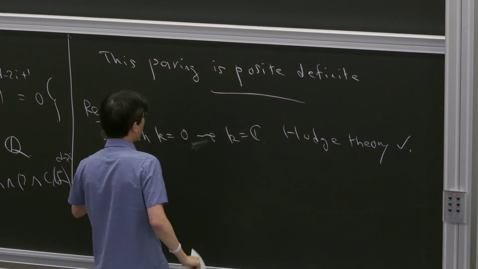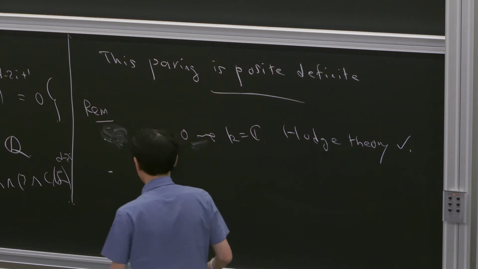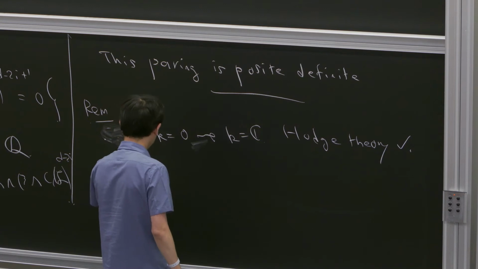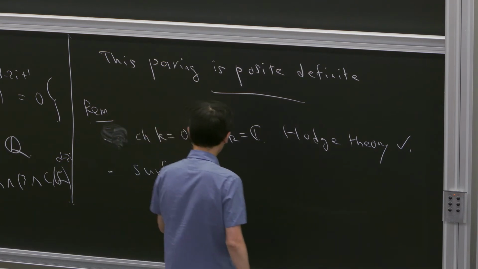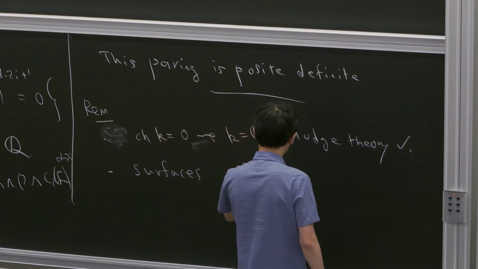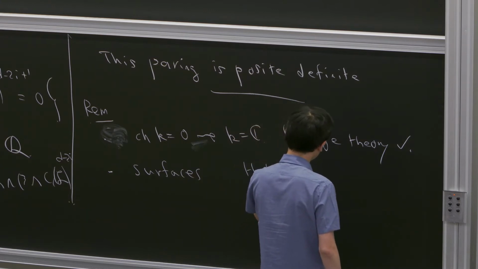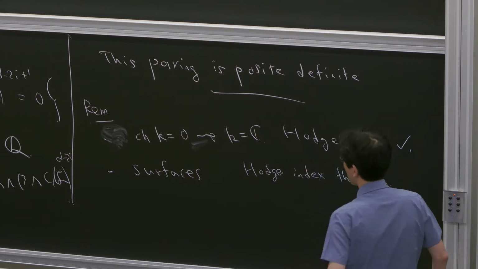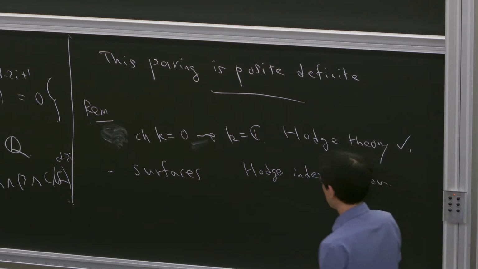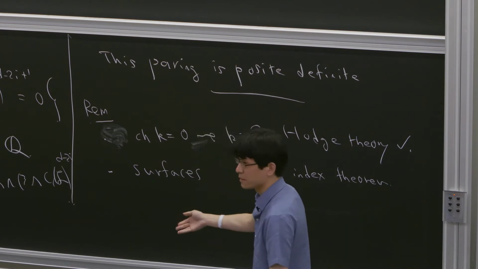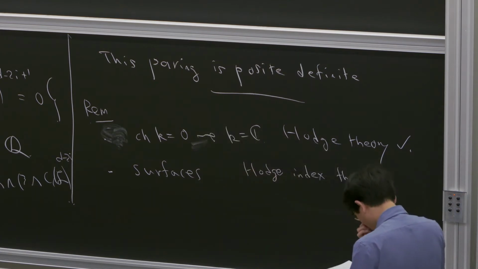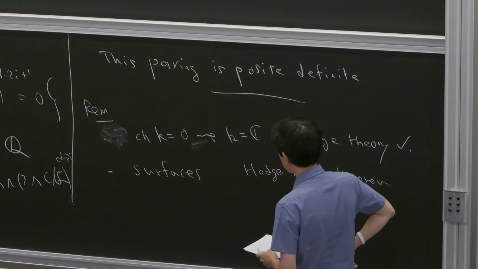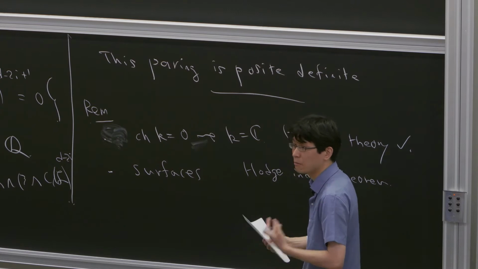And also for surfaces, this is okay. Surfaces follow from the Hodge index theorem. Or you can also prove the theorem for divisors. So I guess these are only some general results.